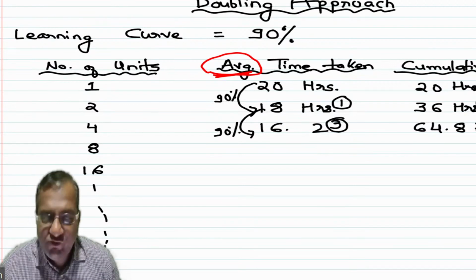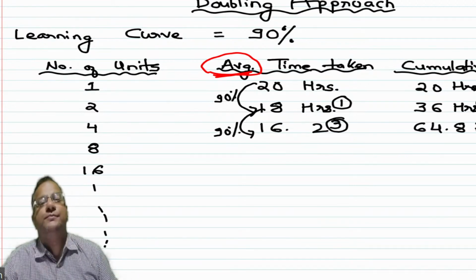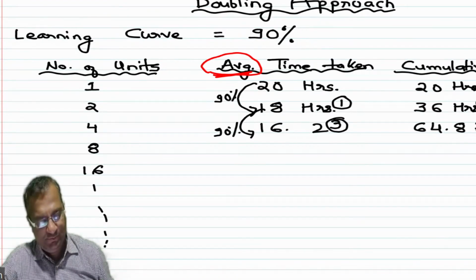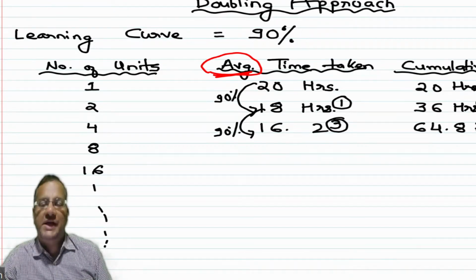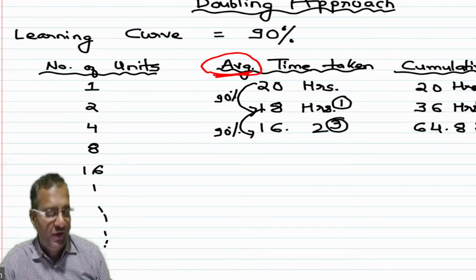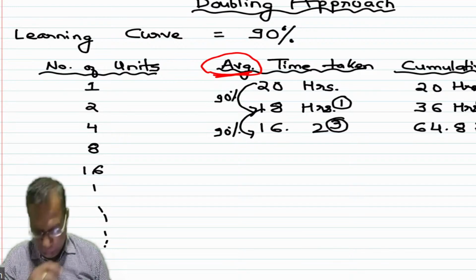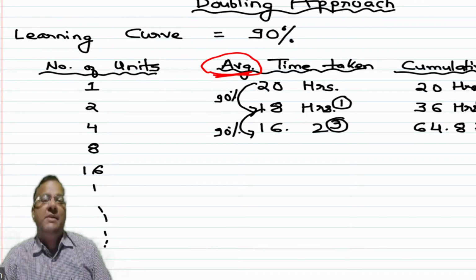In brackets write, time taken to manufacture 2 units less time taken to manufacture the first unit.